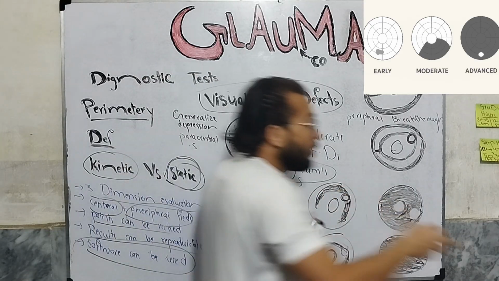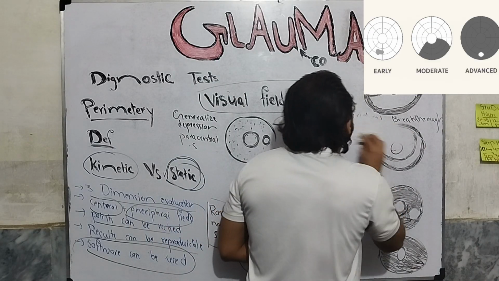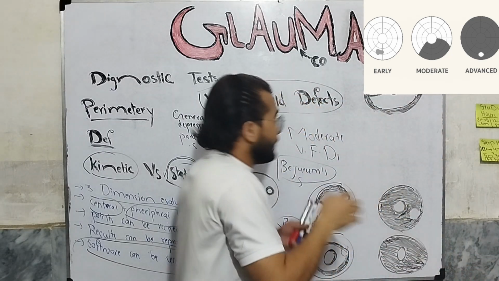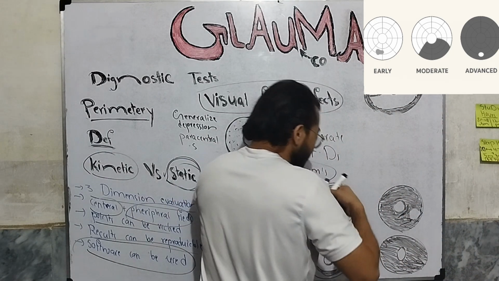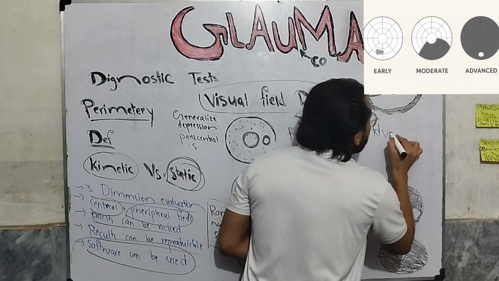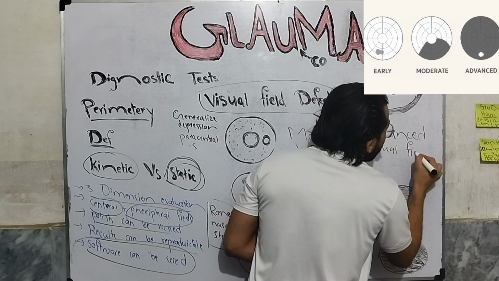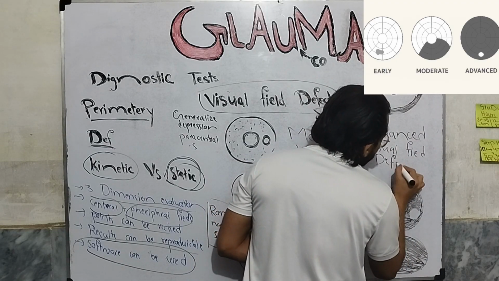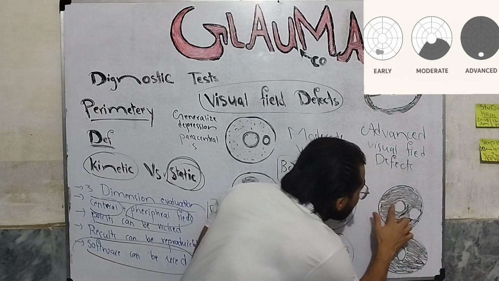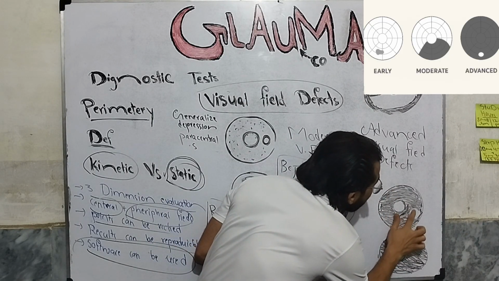Now if the glaucoma is still not managed and is severe, then we can have advanced visual field defects. The advanced visual field defects include only the remaining of a central field of vision and a temporal field of vision.